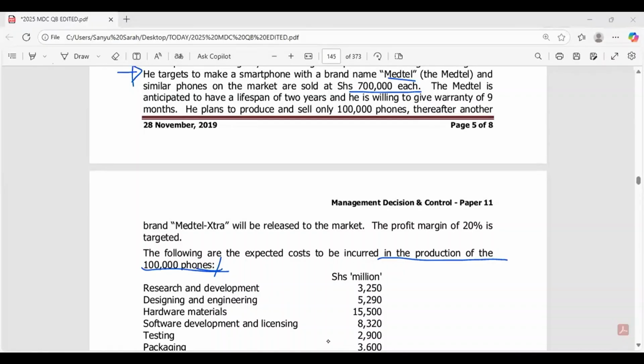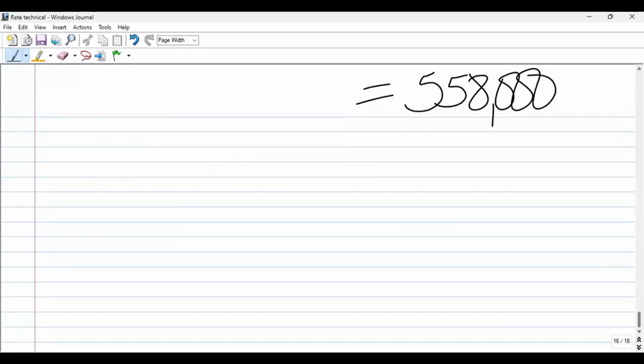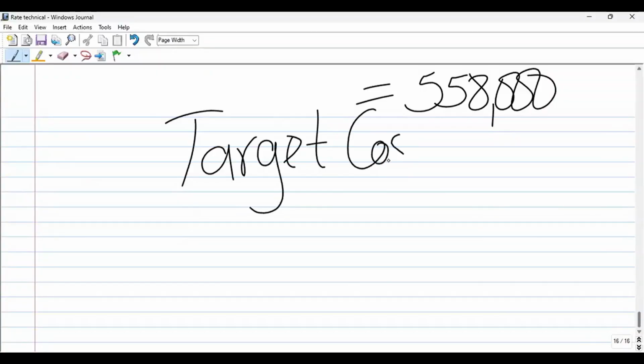So if I want to see if my product will be bought by the market, I have to compare my own costs with the costs that come as a result of wanting to make the customers happy. Those costs are what we call the target costs. So we have to also introduce target costing. So I come and I show the target cost.